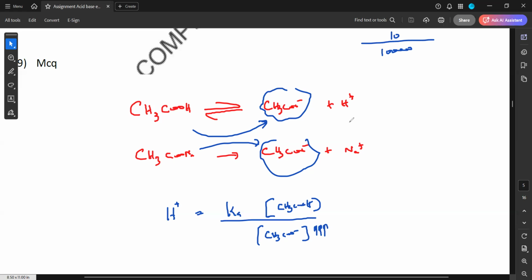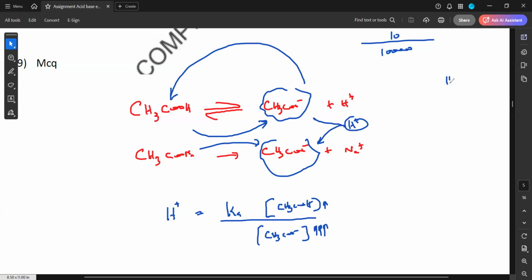Now what happened? If I add an acid, if I add H plus ions, when a small amount of H plus ion is added, this H plus ion can react with any of the negative ions to form an acid molecule. So when it forms an acid molecule, the amount of acid molecules increases. But how much will it increase? Only by how much we added. Like if I add 1, it will increase by 1.